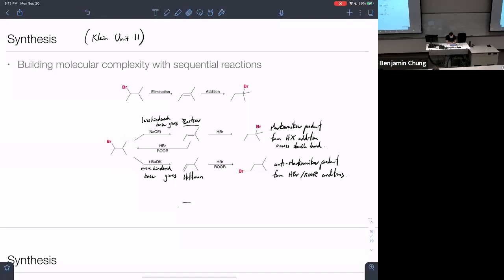How would your hydride shift occur? You know what? I'm going to get back to you on that. But for now, let's assume hydride shifts and all that stuff don't really apply in this case.